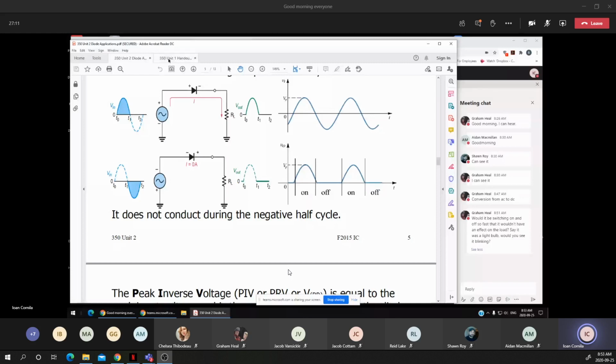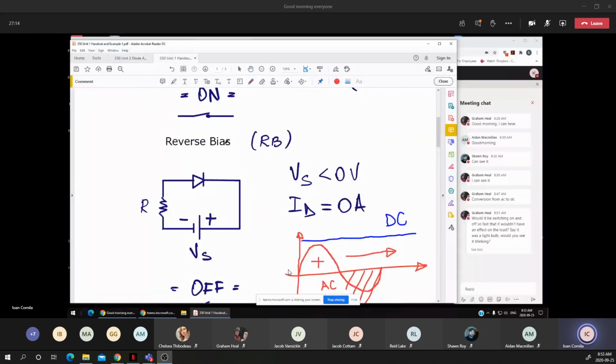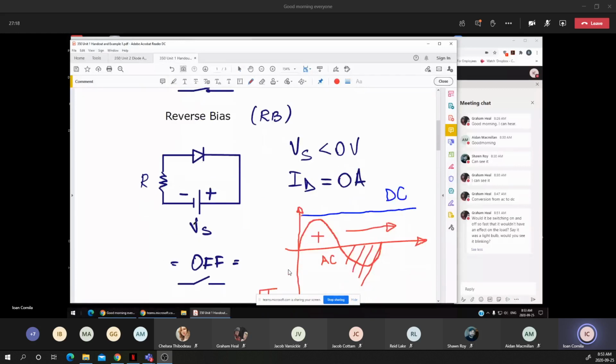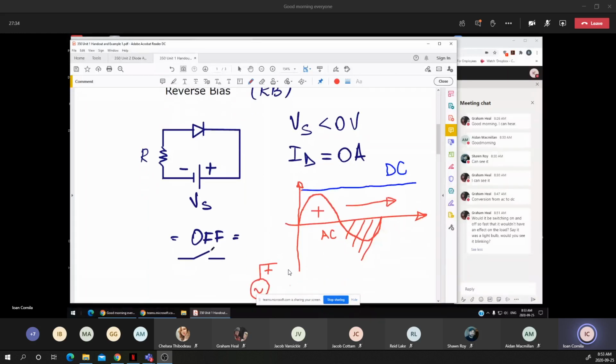In the handouts, the diode is in reverse bias. The VS negative is applied to the anode and the positive is applied to the cathode. What that means is the ID is equal to zero. It's very important to see that the current is equal to zero. That means the diode is in the off state, and no current flows through the circuit.